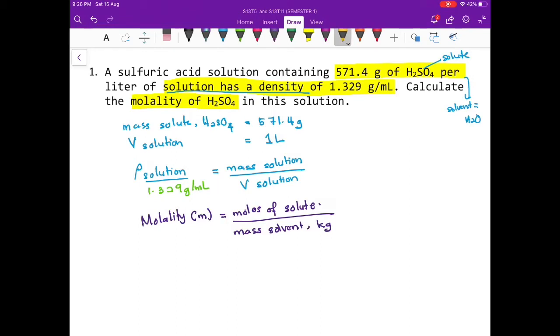So let's look at the information given and try to suit the formula. We need to calculate the mole of solute. Can we determine the mole of solute based on the information that we have? Yes, we already have the mass of solute. From the mass of solute, we can calculate mole of solute, which is equal to mass of solute over molar mass.